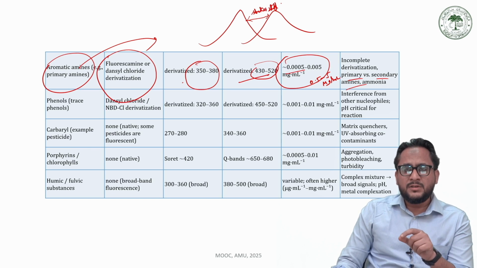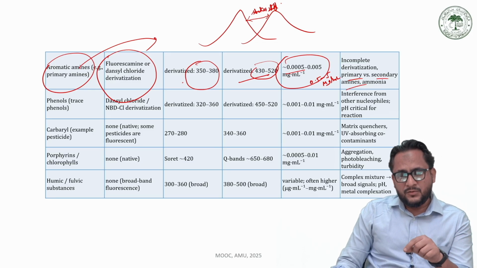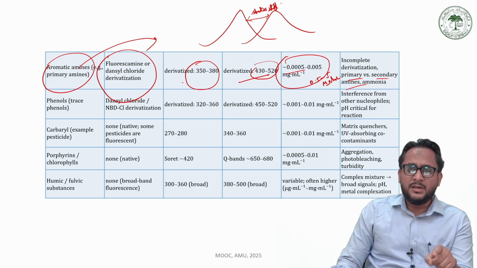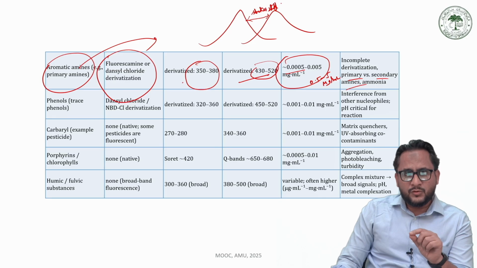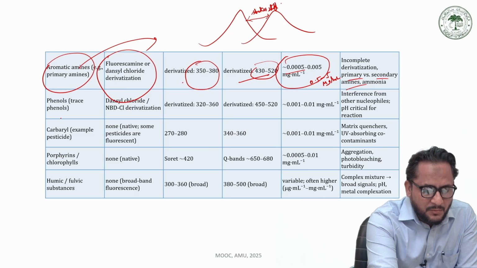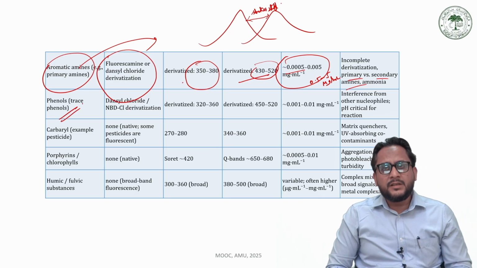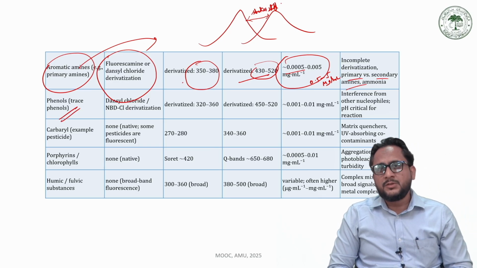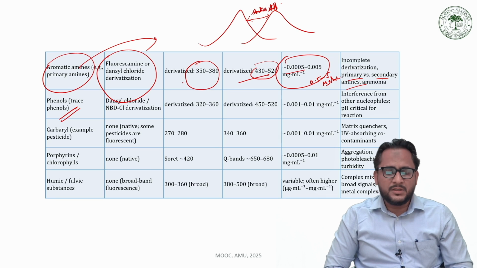And when it is removed, we have only the derivatized analyte, and now the fluorescent light that is obtained belongs to the derivatized sample, whose concentration is directly proportional to the intensity of light emitted. So the next example is phenols. Even trace phenols can be analyzed by fluorescence spectroscopy, although they are non-fluorescent compounds.